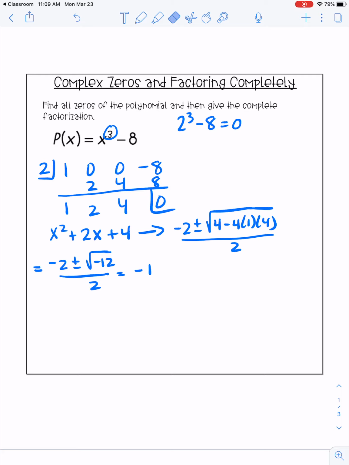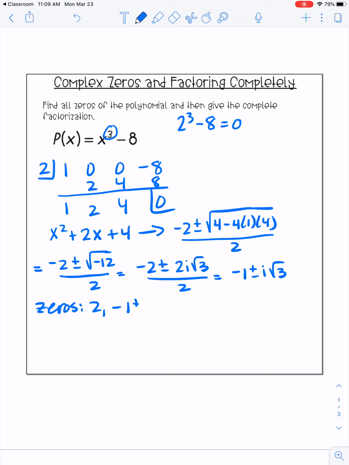Oh, I don't want to do that yet. That's going to give me negative 2 plus or minus 2i radical 3 over 2. And then this simplifies to negative 1 plus or minus i radical 3. Okay, so that means my zeros are 2 and negative 1 plus or minus i radical 3.